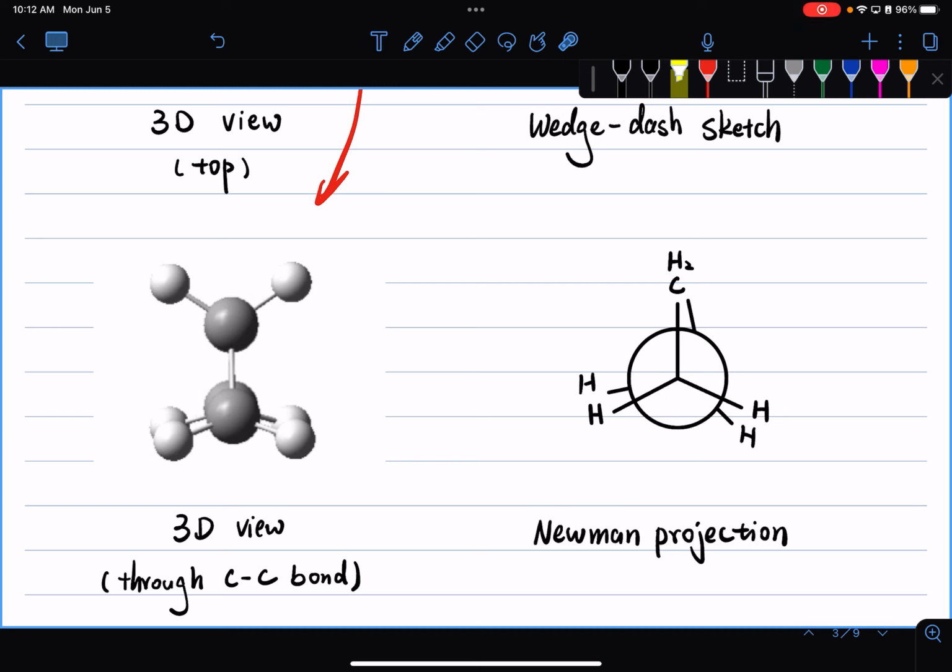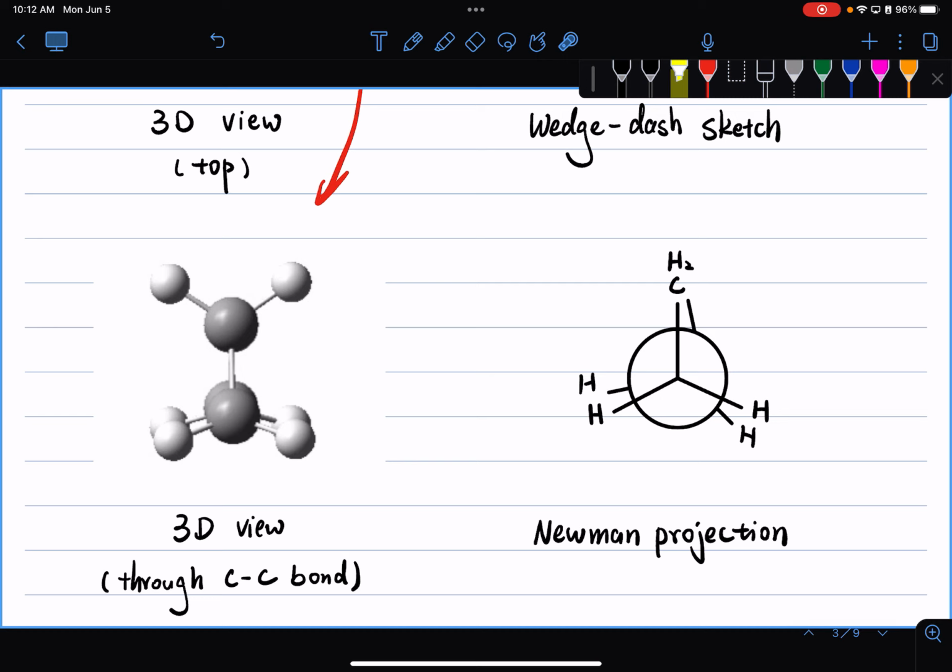So again, the way we're doing it is looking through the C-C bond, just to make it consistent with my drawing here. I'm holding one of the hydrogens. If you draw it in the Newman projection, what does that tell me? I have hydrogen, hydrogen, and on the bottom, we have two hydrogens.